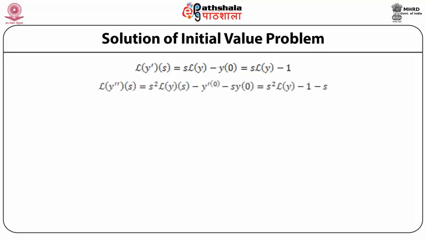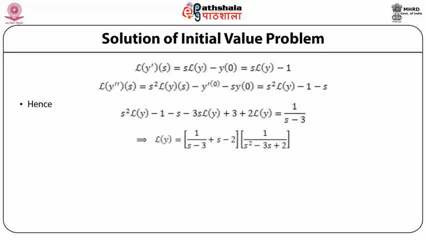Also, Laplace of y double prime of s is equal to s square times Laplace of y of s minus y prime of 0 minus s times y of 0, which can be written as s square times Laplace of y minus 1 minus s. Hence, s square times Laplace of y minus 1 minus s minus 3s times Laplace of y plus 3 plus 2 times Laplace of y is equal to 1 by s minus 3.